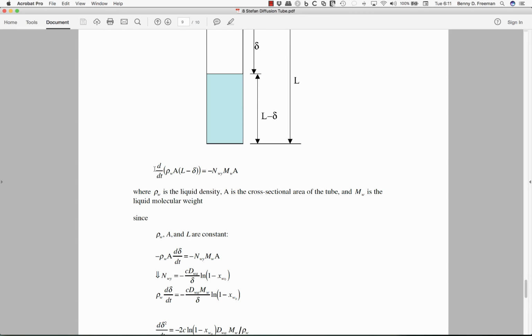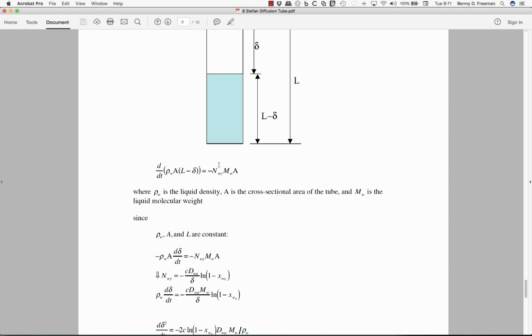And so we write an overall mass balance on the water that is in the tube. The time rate of change of the total mass of water in the liquid phase has to be equal to the water flux, and this is in molar units, so we multiply by the molecular weight and times the cross-sectional area.